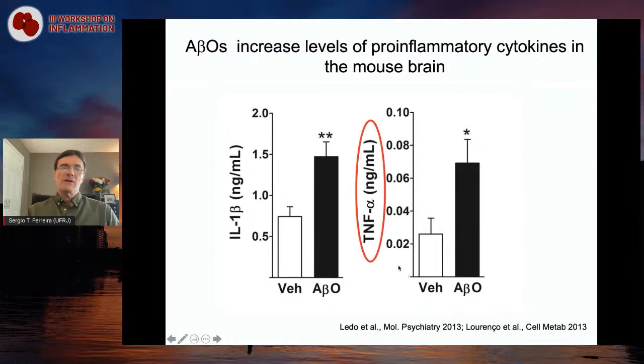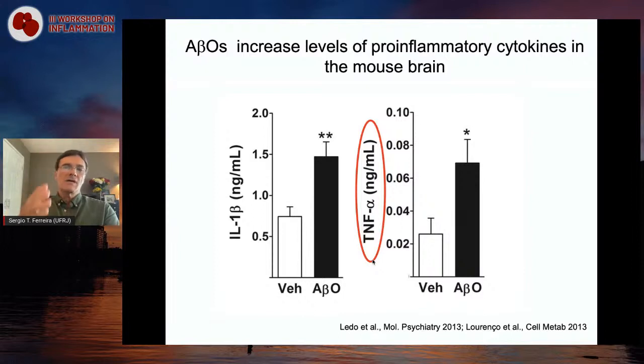And we found in work, again, by José Henrique Ledo, who was a grad student in the lab and is now a junior faculty, beginning his lab at University of California in Southern California, and Michel Lourenço, who was also a student in the lab and is now an assistant professor at the Institute of Biochemistry at the Federal University, we showed that the increase in TNF-alpha in the brains of these mice is behind the impairment of memory.